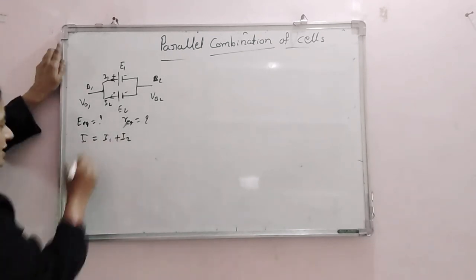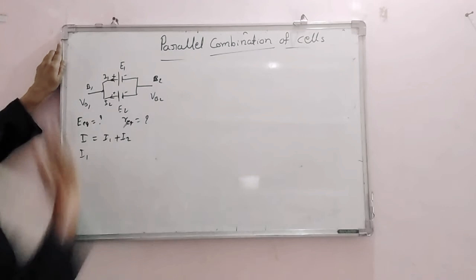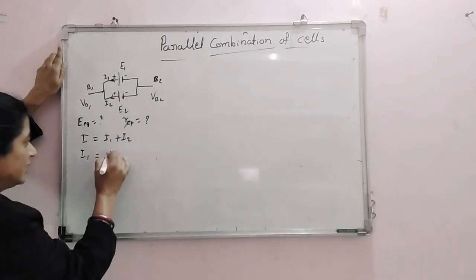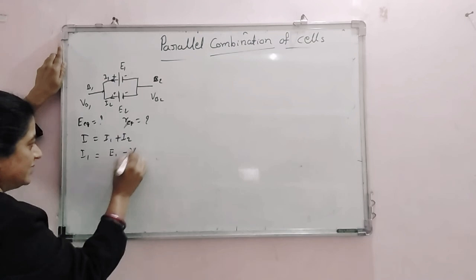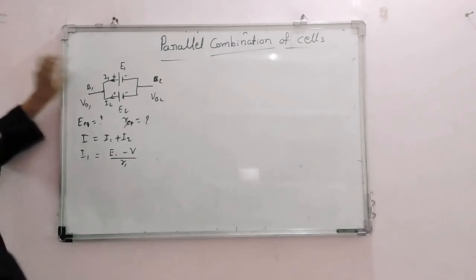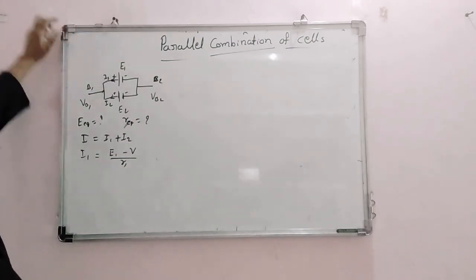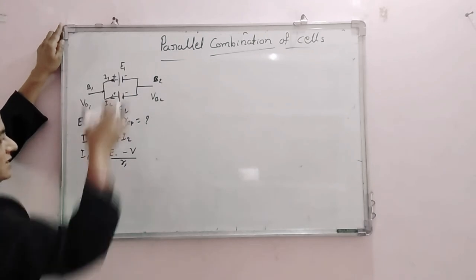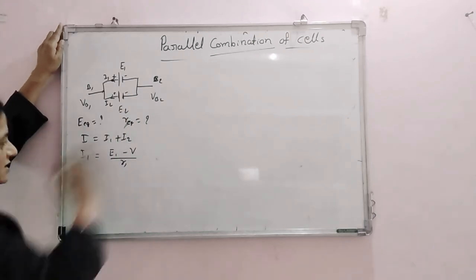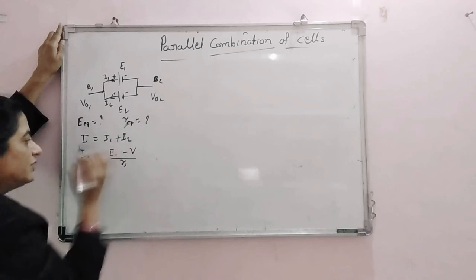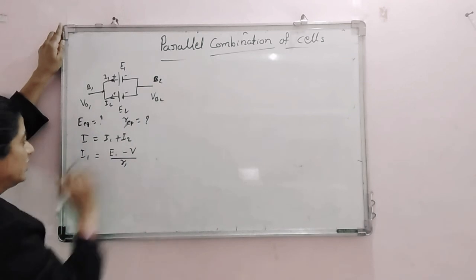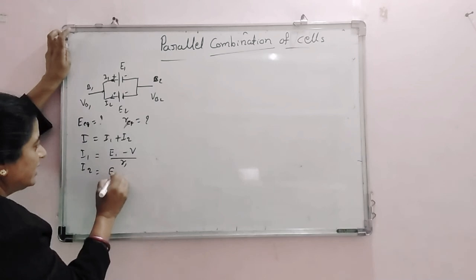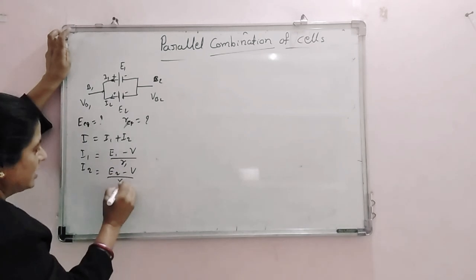Now what is I1? I1 is the current due to the cell E1. That is given as, we already studied, (E1 minus V) upon R1. V is the voltage across the external resistance, which is the terminal potential difference. The equation for I2 is (E2 minus V) upon R2.